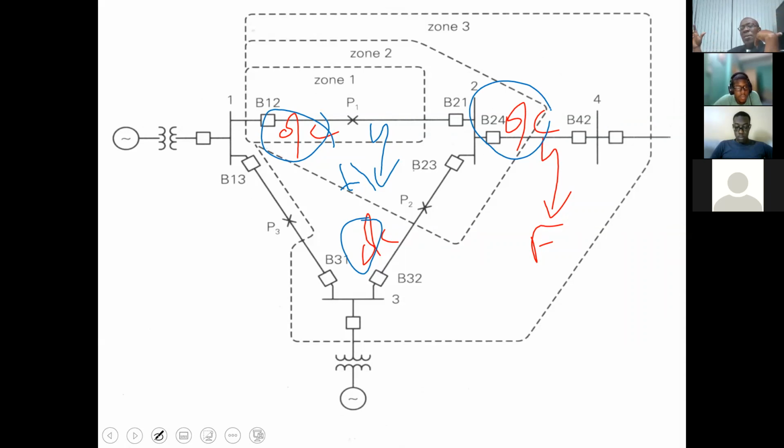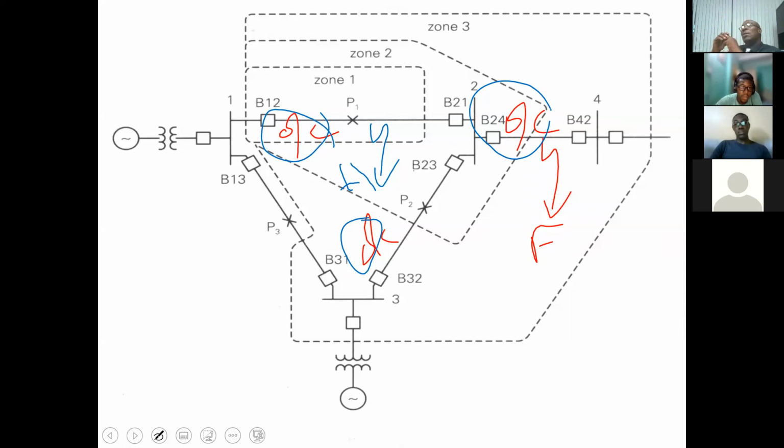Your head starting to hurt here? Because you have to figure out now, when the fault is on 1 to 2, what current will 2 to 4 see? What current will 3 to 4 see, or 3 to 2 see? That's what we refer to as coordination, right?